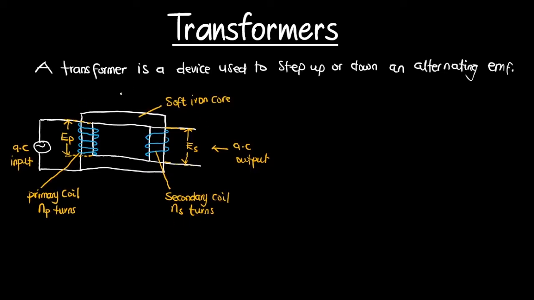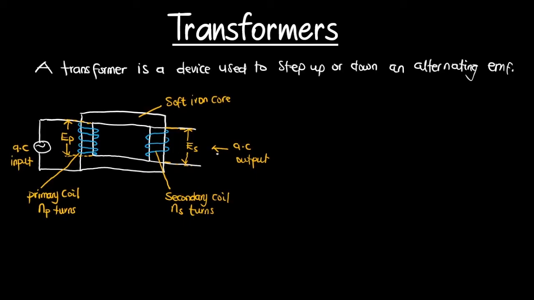So this is basically a general overview of what a transformer is. It has a primary coil and a secondary coil wrapped around a soft iron core, then it has an AC input and the AC output. Now where the primary coil is, the EMF over there is what we call the EMF of the primary coil, which is represented by EP.